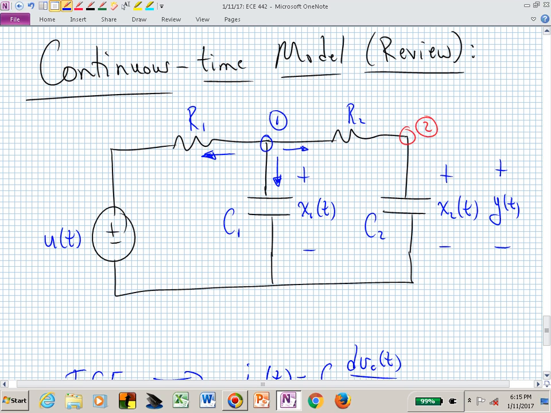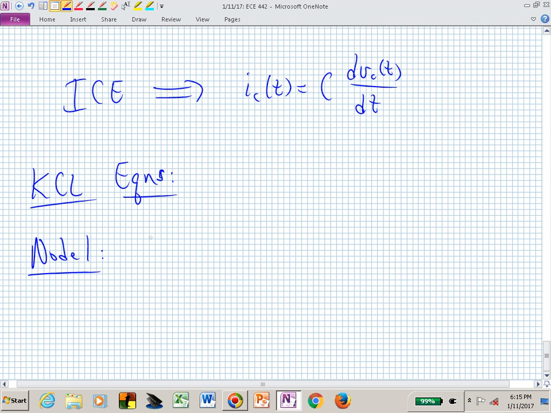The voltage dropped across R1 is simply x1 minus u, and the current is going to be that voltage divided by R sub 1. That current is now simply (x1(t) minus u(t)) over R1.